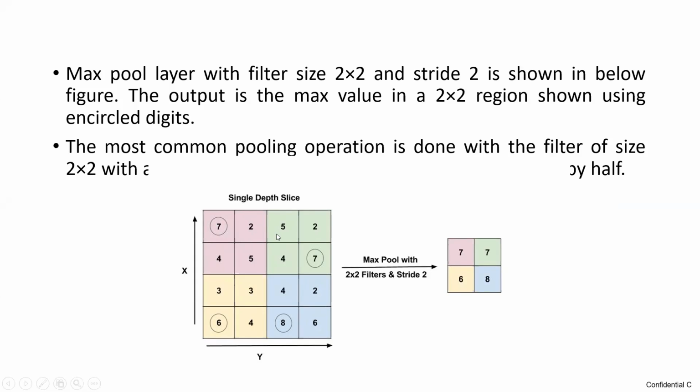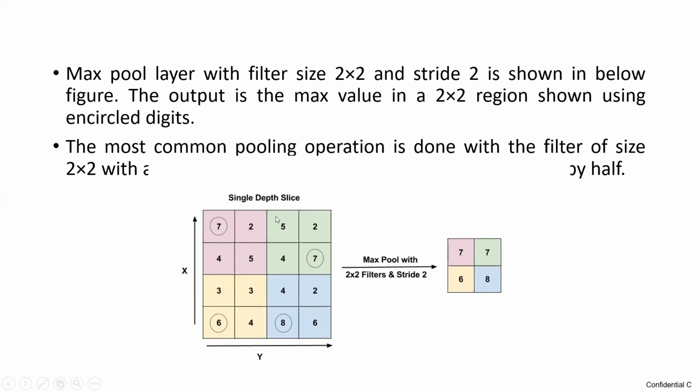But in this case, we are moving the filter in a non-overlapping fashion, which means the stride value is 2, which I am applying for the 7th pixel. The next pixel would be the 5. So within these 4 pixels, which one has the maximum value? Here we are sliding the kernel in a non-overlapping fashion.